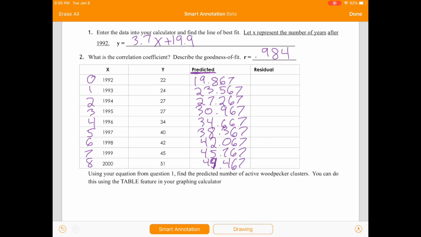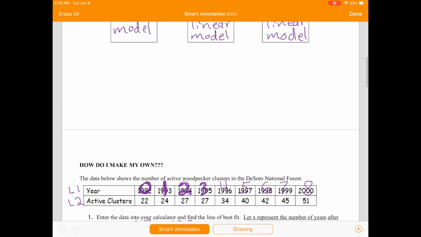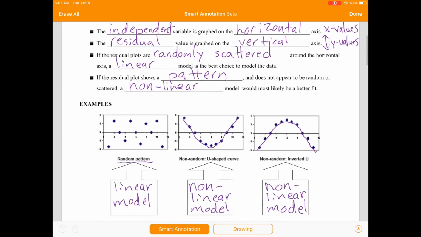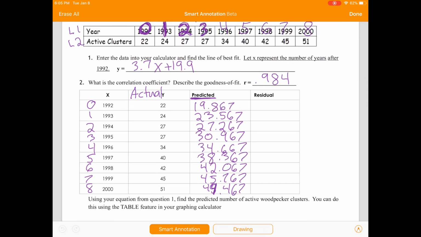So once we have our predicted and our actual is given again for us, then we're going to look back at our notes and see, to find our residuals, we're taking our actual and subtracting our predicted or our expected.